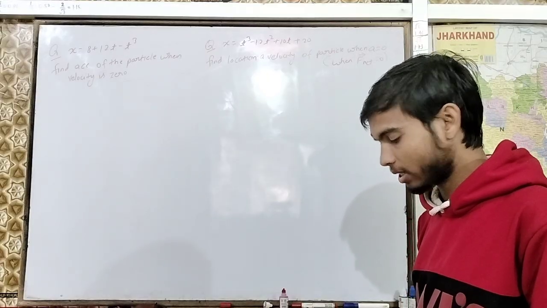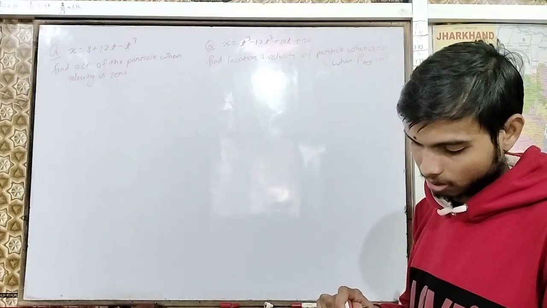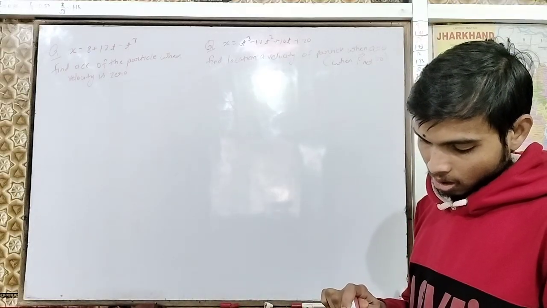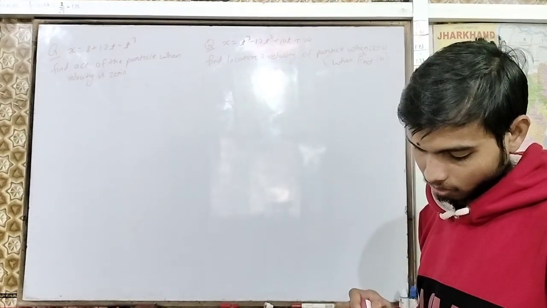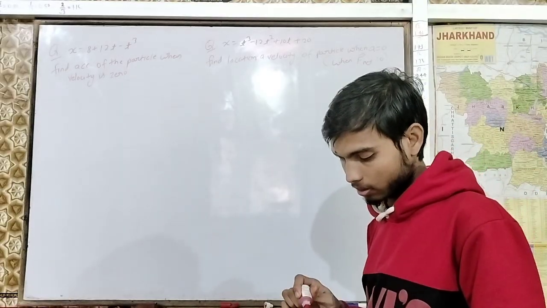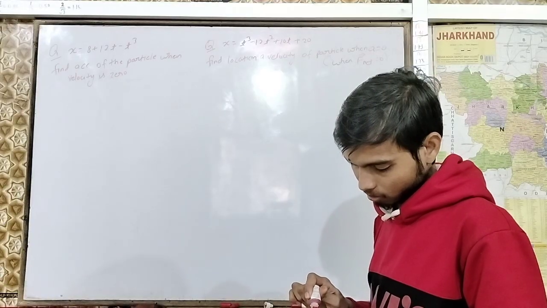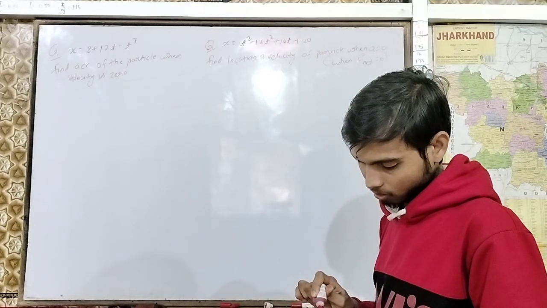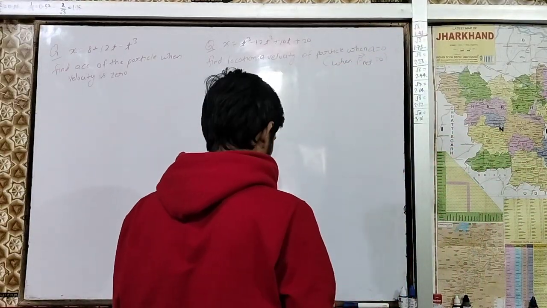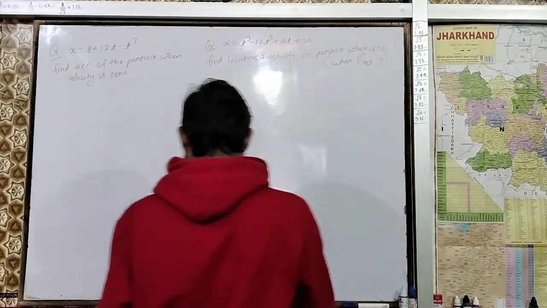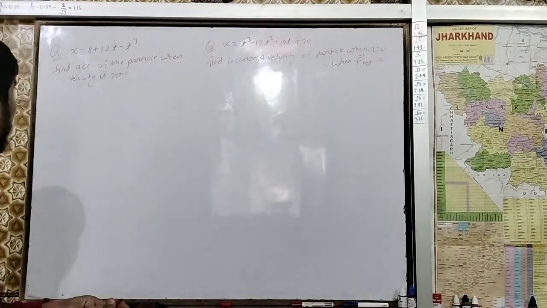It's not very different from the previous part, just a little bit of change. The change is that velocity is becoming zero. We have to calculate.